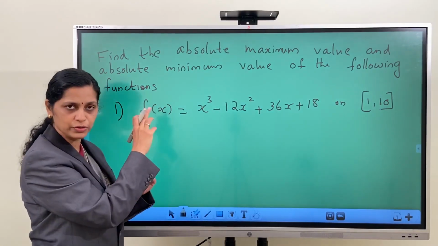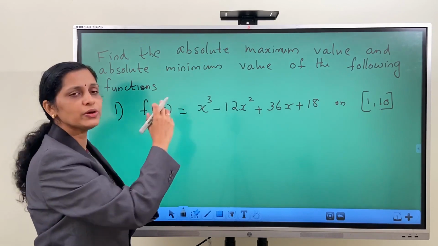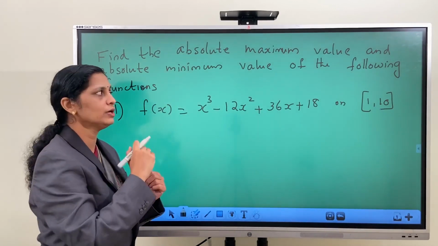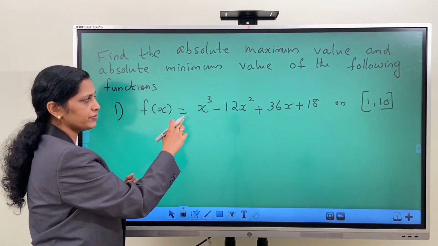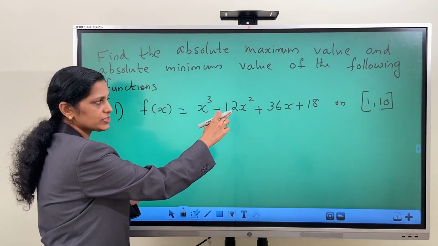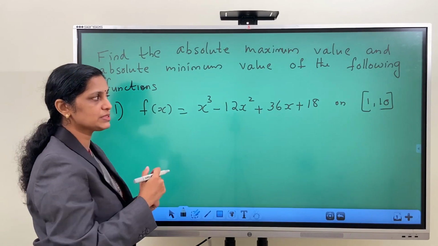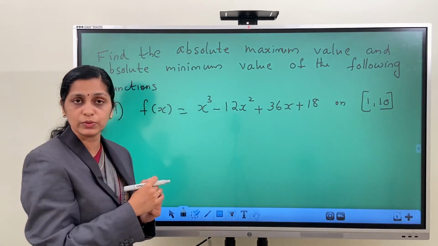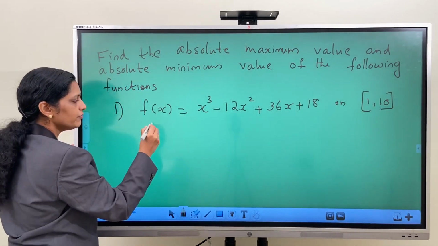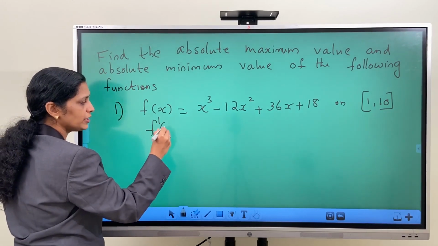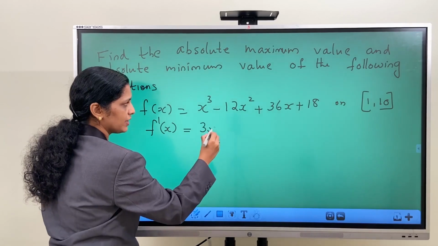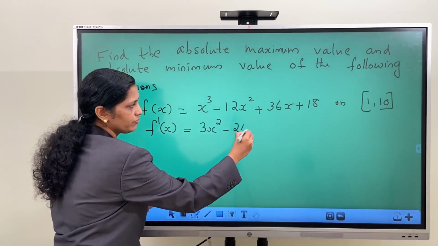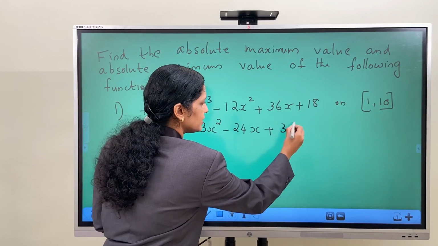Okay, next we are going to find absolute maximum value and absolute minimum of functions defined in a closed interval. Question number 1: f of x is equal to x cubed minus 12x squared plus 36x plus 18 on the closed interval 1, 10. First, as I told you, we need to find critical points. Then f dash x is 3x squared minus 24x plus 36.